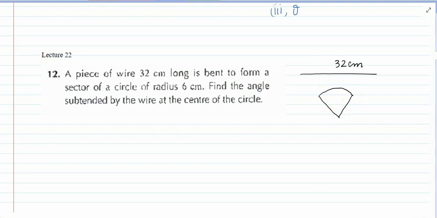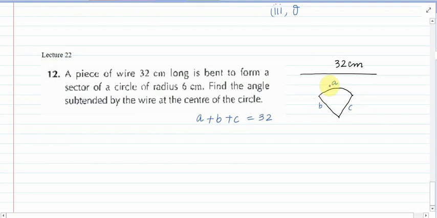So in short, if I say that it's a length A, B and C, if I add all these values together, it will be 32, because the sum of all these three lengths is 32, right? And we know that this length and this length is equal, so basically they both are B. In general I am talking about.